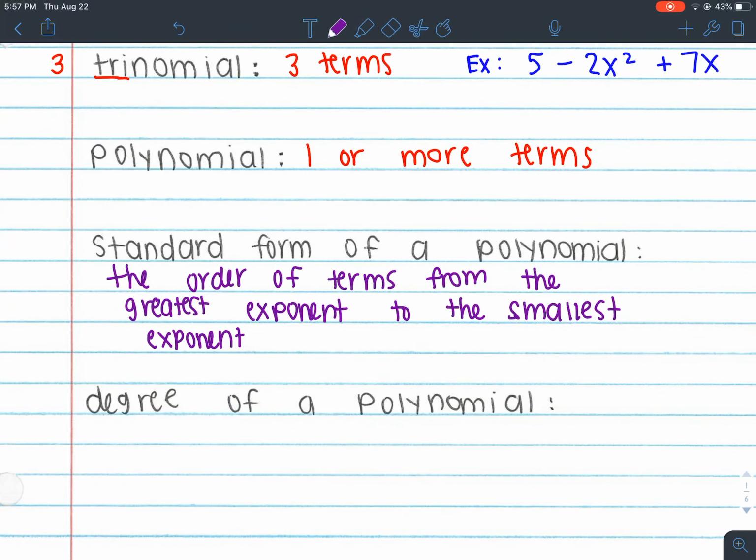Okay, and we'll talk about what that means in a little bit, so go ahead and write that down if you haven't. So let's talk about what that means. What does that mean for us? Well, let's write an example down.